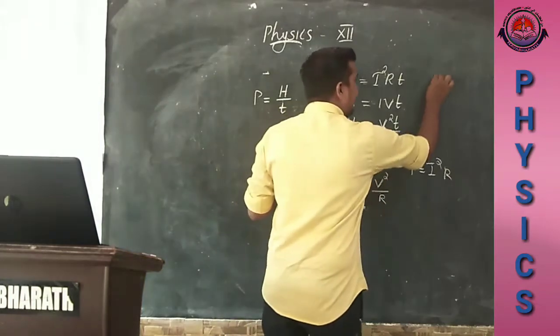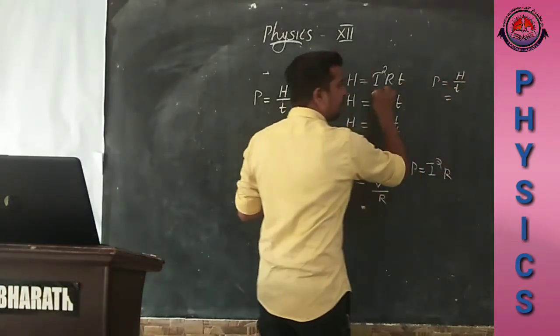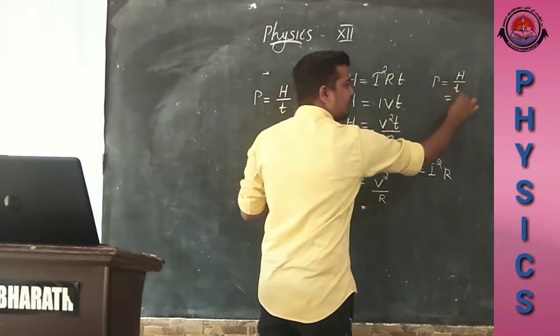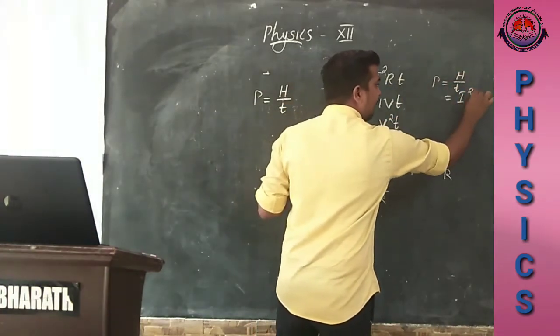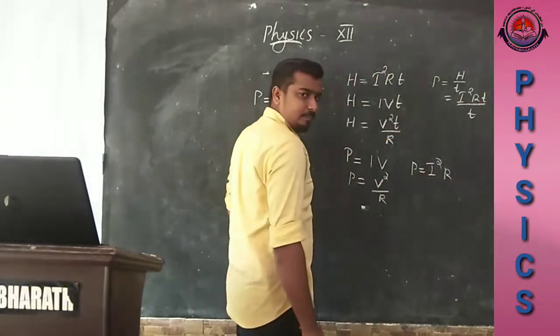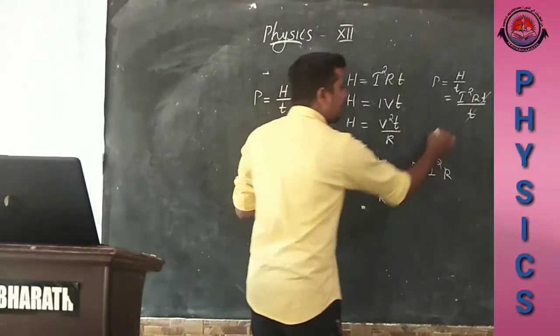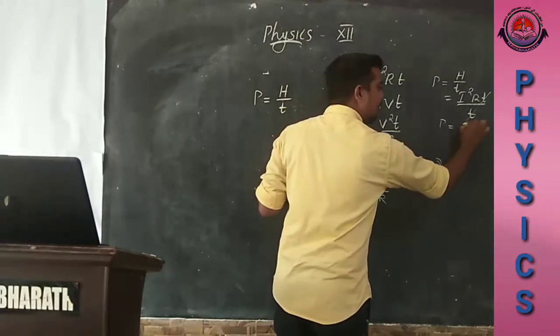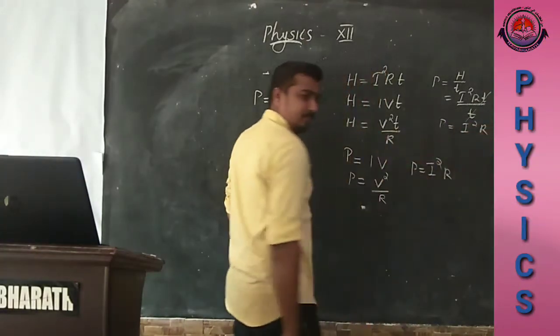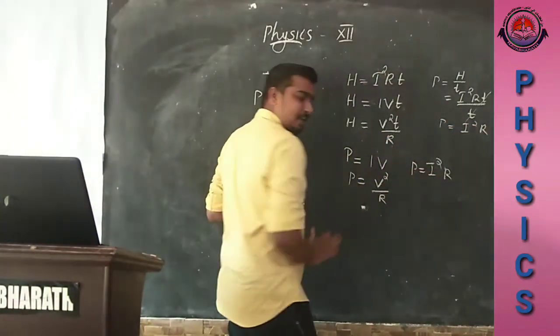Then P equal to H by T, substituting this H, we get I square RT divided by T. Here T and T are cancelled. We get P equal to I square R.